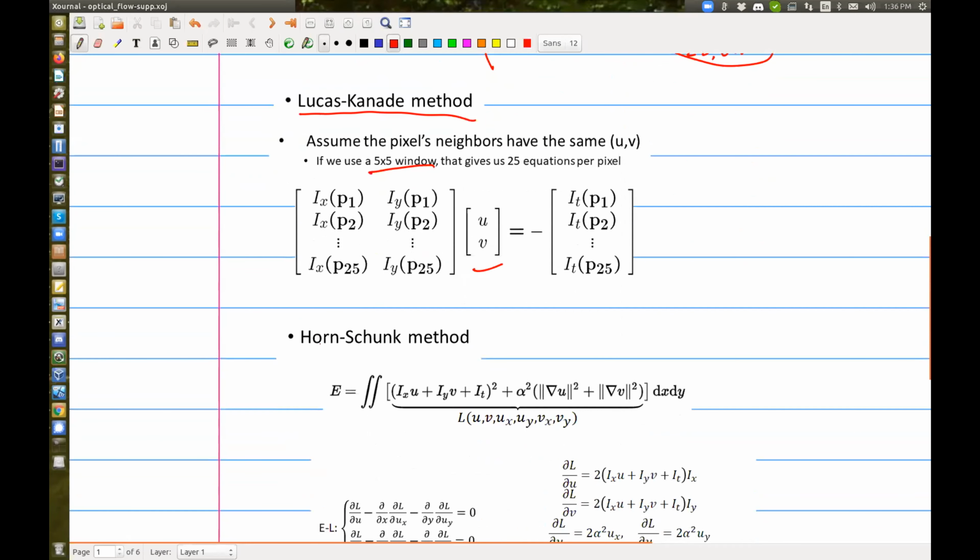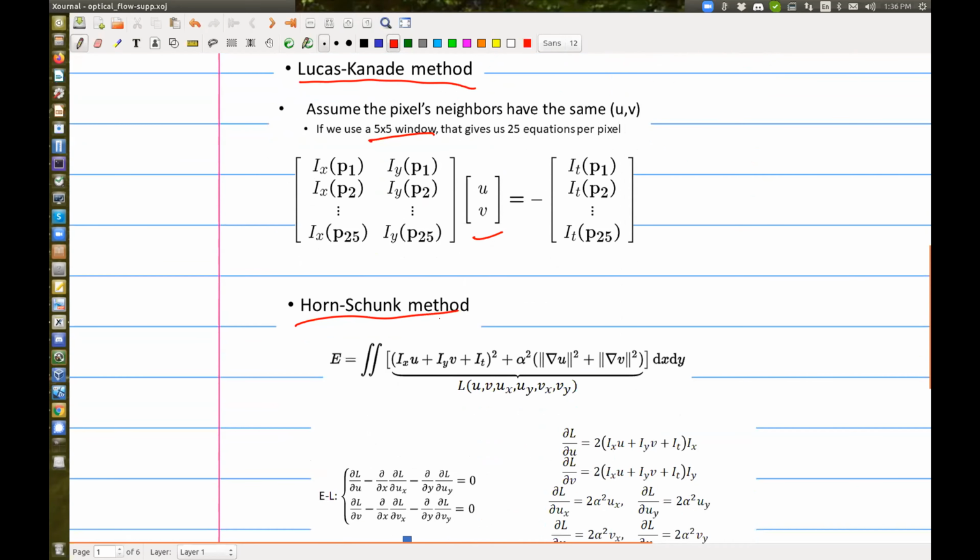Or we can have the Horn-Schunck method, I don't know how to pronounce that honestly. Instead of taking the entire window to have the same U and V, we put a constraint, or a penalty, so that U and V don't change too quickly.